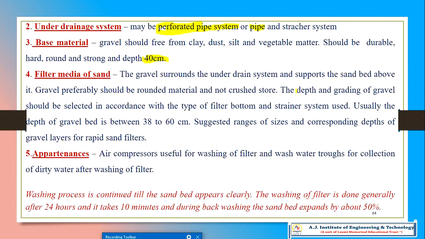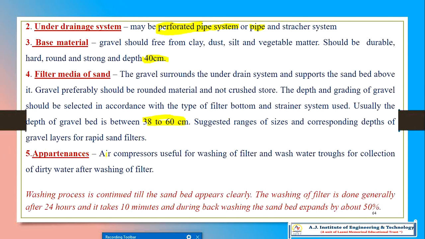The depth and grading of gravel should be selected in accordance with the type, so that the filter bottom strainer system is used. The depth of the gravel bed should be around 38 to 60 millimeter. This is the suggested range of size and corresponding depth of the gravel laid under the sand.